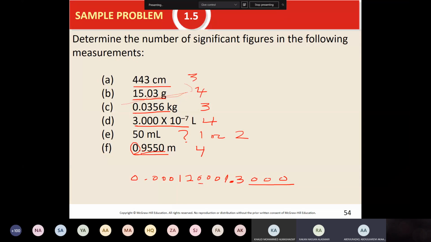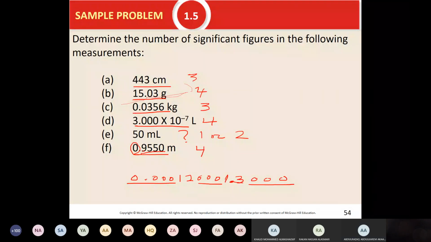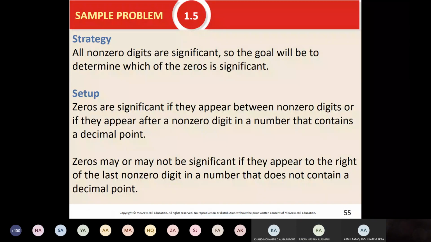But are these zeros significant? Yes, because they are between the numbers. Remember, are these significant? No, they're not, because the decimal point comes before them. Is this clear? Very good. Please put your mic on mute again.